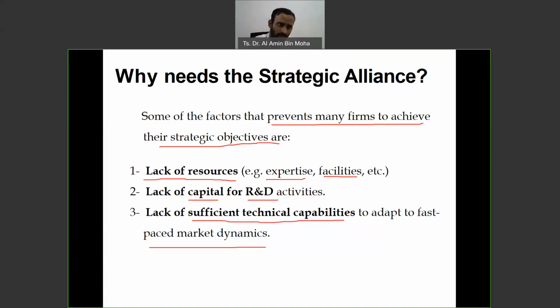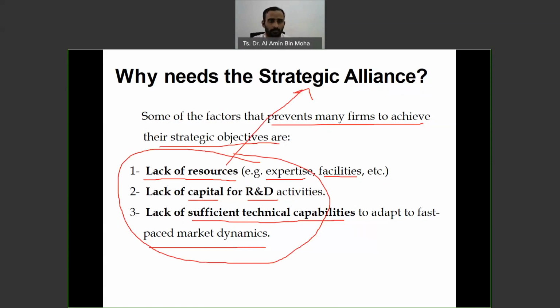So with lack of resources, how are you going to overcome this problem? One of the good strategies is strategic alliance. Win-win, usually we need to see the mutual interest. Maybe you have the capabilities, you have the ideas, but you don't have money.